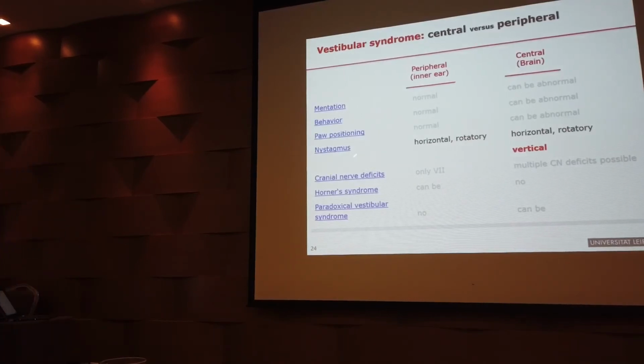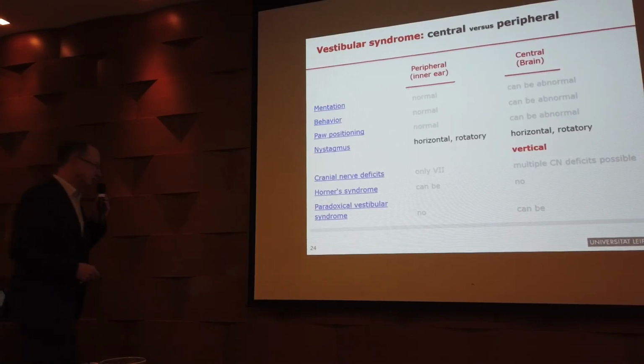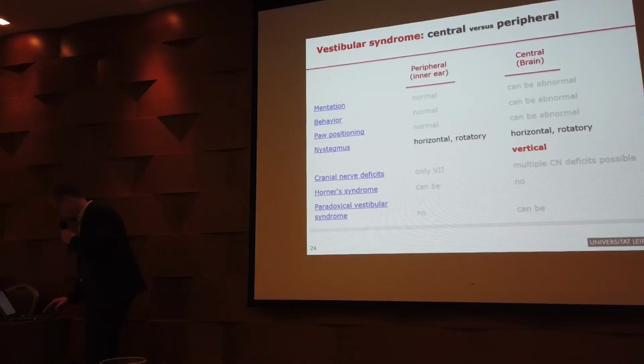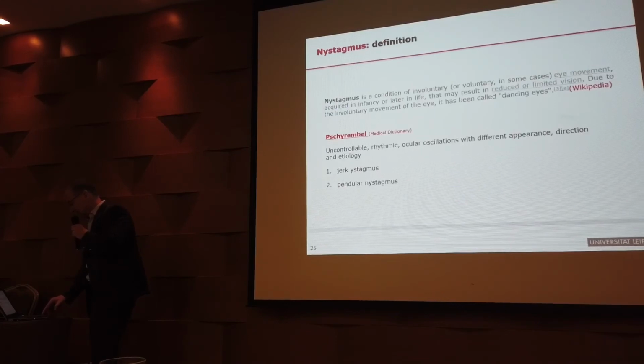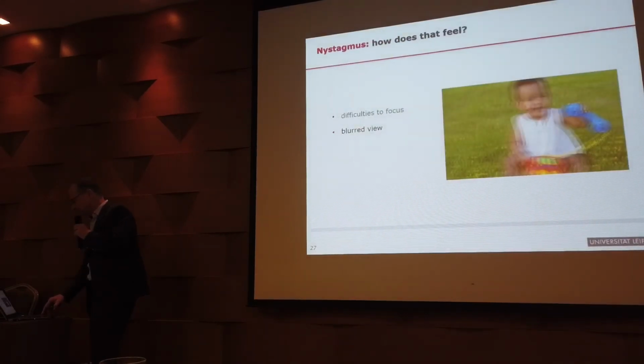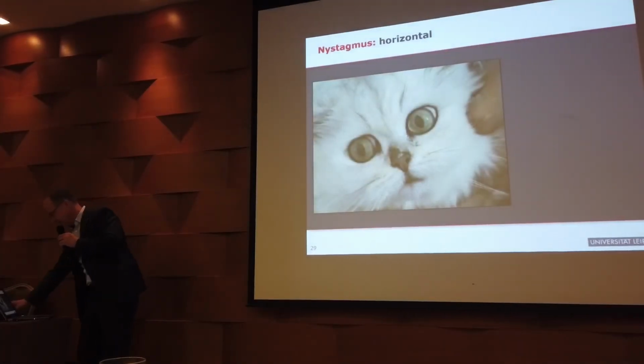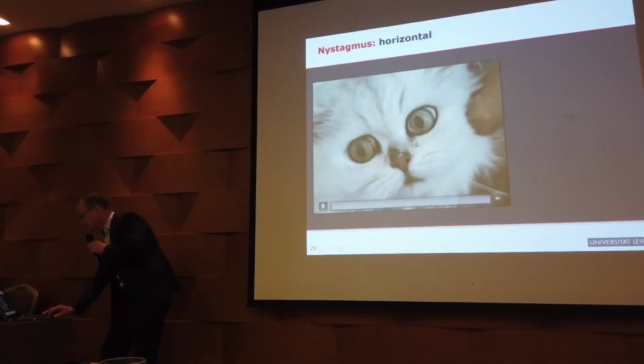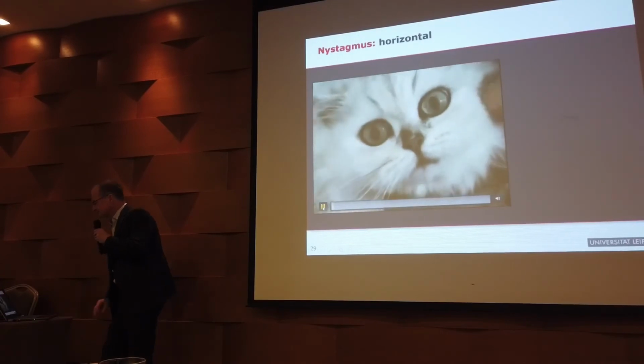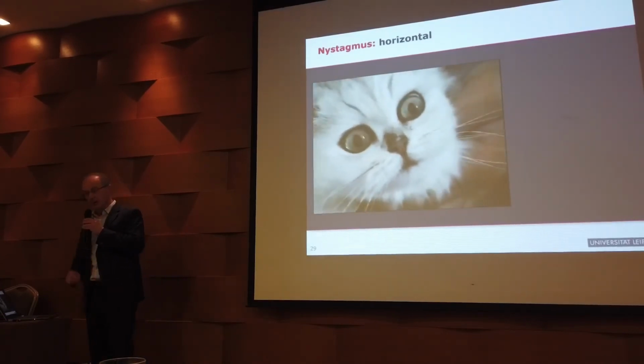Nystagmus, the next line. You see that there are three different types of nystagmus here, and that refers to the direction: horizontal, rotatory, and vertical. And we will look at those. Let's start with a horizontal nystagmus. We have seen that cat before.